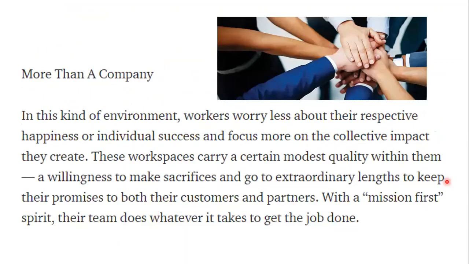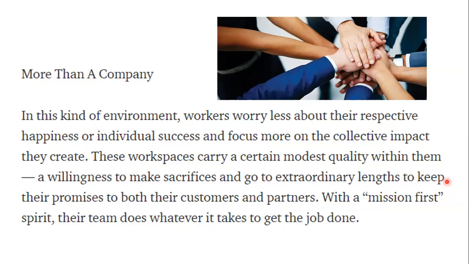Okay, more than a company. In this kind of environment, workers worry less about their respective happiness or individual success and focus more on the collective impact they create.